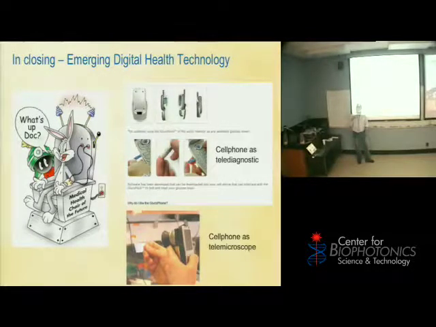Instead of having to send the blood sample back to have it analyzed, they take a picture of it on a microscope slide and send that to a pathologist who should be able instantaneously to say that's malaria or that's not.